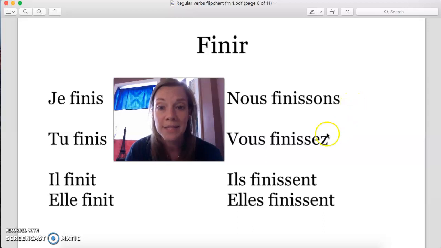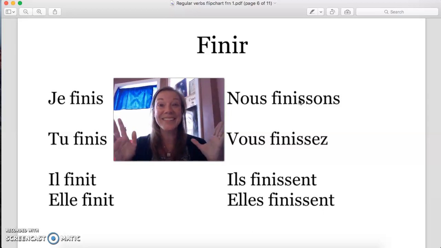We already knew that from the last verb. ISS, vous is always easy. ISS, ENT. So it's not that different from what we learned before. Just add this in. And if we were in class, this is what I would say. If you don't learn your regular IR verbs, I'm sending you to ISS. I'm not really, but I just like to say that to help you remember.